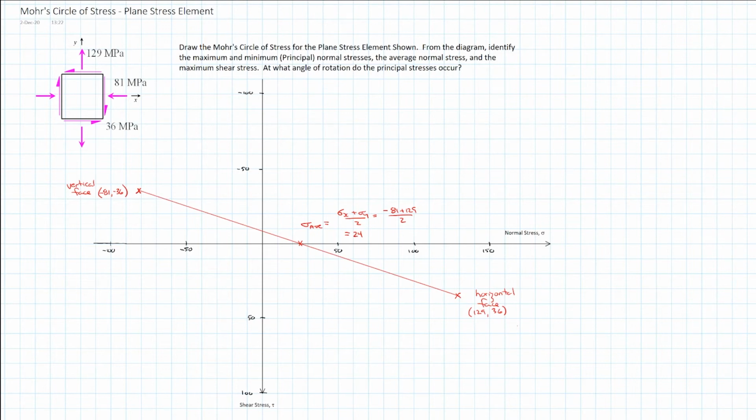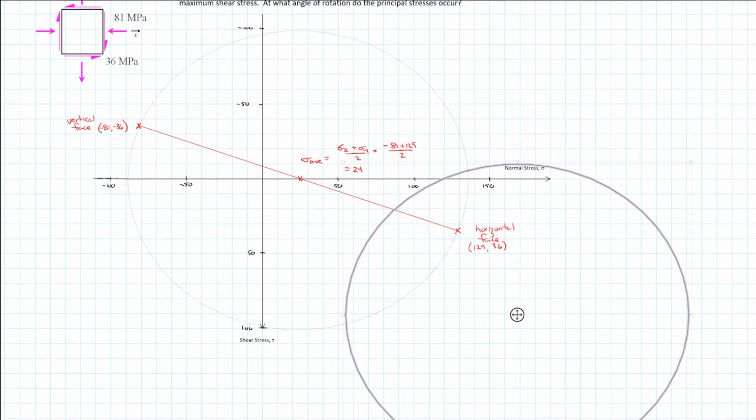So now what I want to do is I'm actually going to connect this with the circle. So the stress average point at tau xy equals 0 is the center of the circle, and the horizontal and vertical faces are on the circumference of the circle. So we should be able to plot a circle.